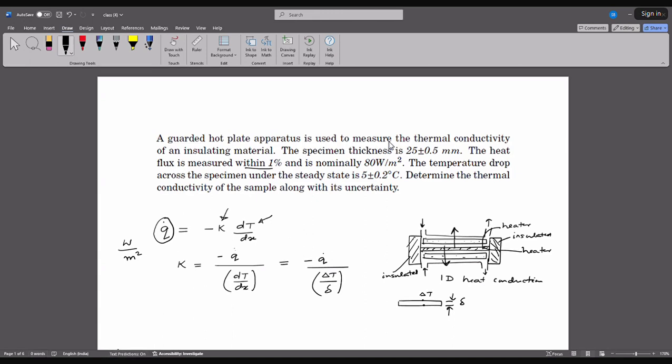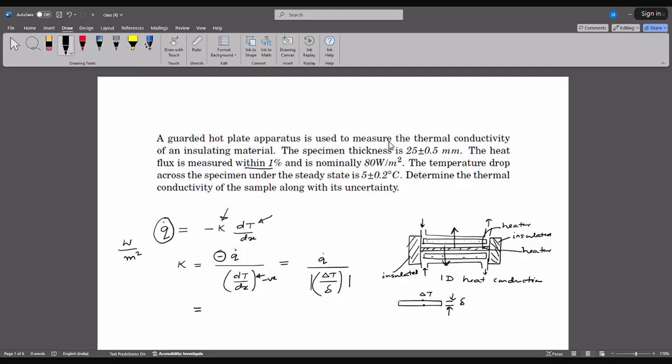If I take the modulus, I can drop the negative sign. Typically, dT by dx is negative because temperature always reduces in the direction of heat flow, so the sign makes the quantity positive.